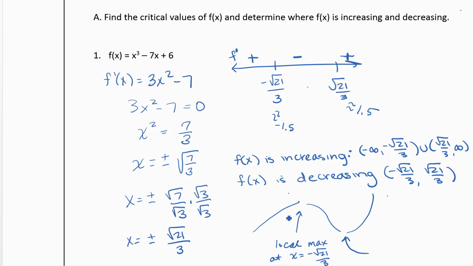And we would get the y value by plugging it back into the original, and we'll have a local min at x equals square root of 21 over 3. Okay, so just by solving where is the derivative greater than or less than 0, we can find where is the original function increasing or decreasing.